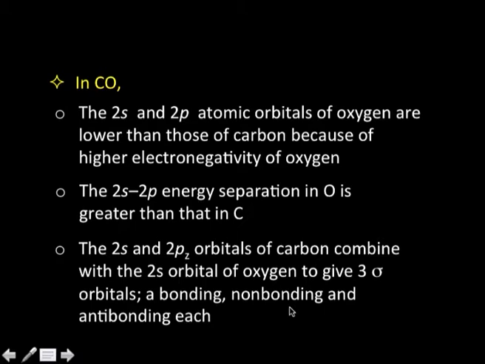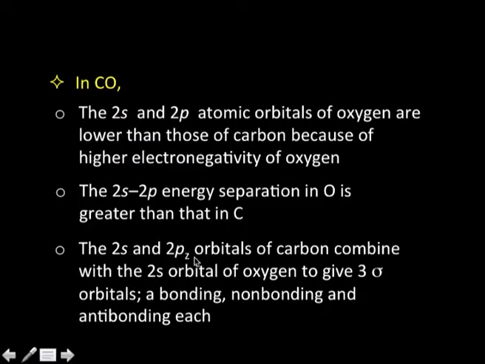This is a very important differentiation from our homonuclear diatomic molecules and even the two molecules we have discussed so far today, that is HF and NO. In case of NO, the combinations were similar to what we had in case of homonuclear diatomic molecules, but now in case of carbon monoxide, 2s and 2pz of carbon will combine with the 2s orbital of oxygen to give 3 sigma orbitals. One of them will be bonding, one will be non-bonding, and one will be anti-bonding. We will come to that.